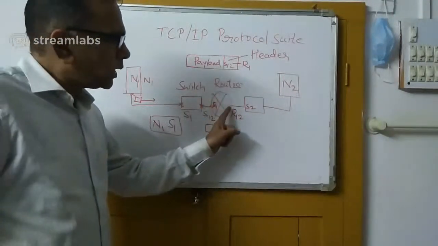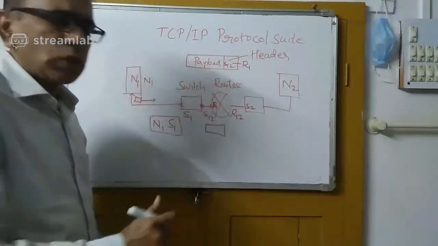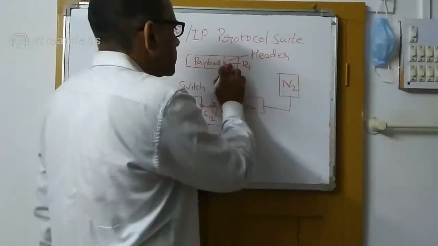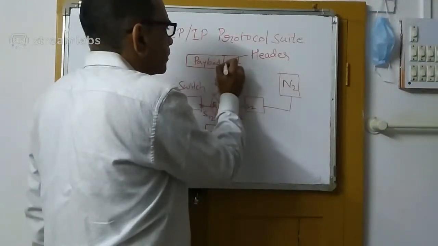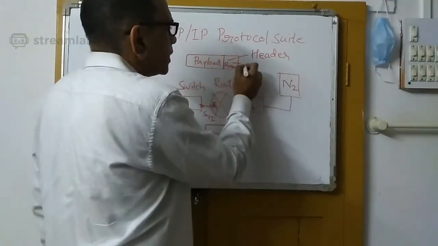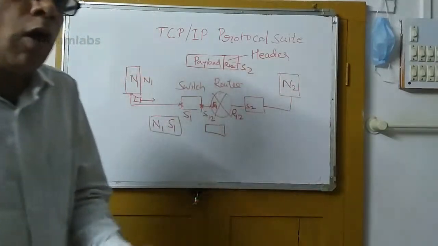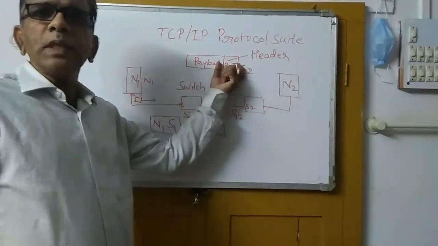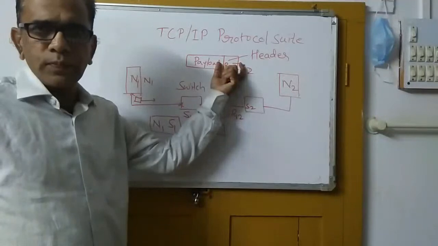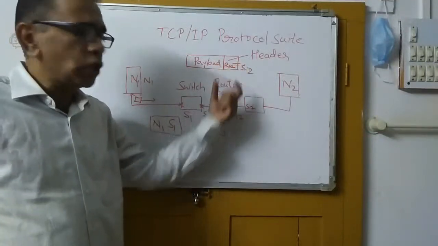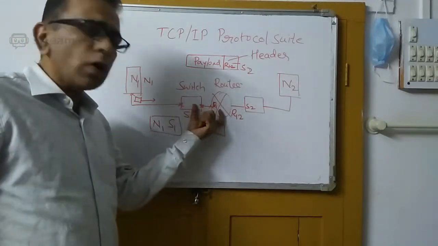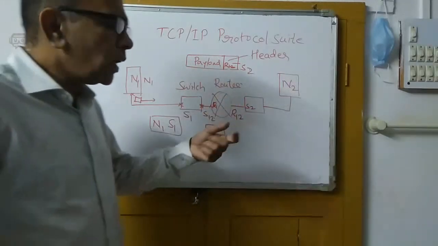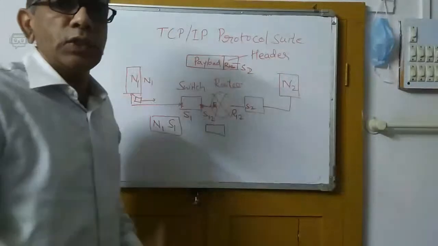When it is moving from here to here, the address gets changed to R12 and S2. Now at every hop, one thing is observed: the physical address is getting changed. From this hop to this hop the physical address is different, and from this hop to this hop it is different. So at every hop, the address gets changed.